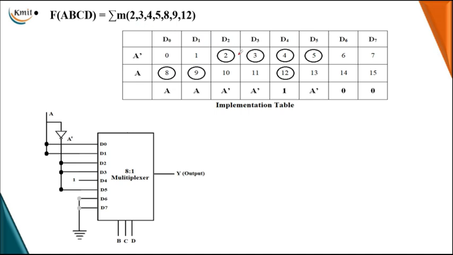So the given minterms are 2, so circle that; 3, 4, and 5, along with 8, 9, 12. Now we are going to check column-wise.